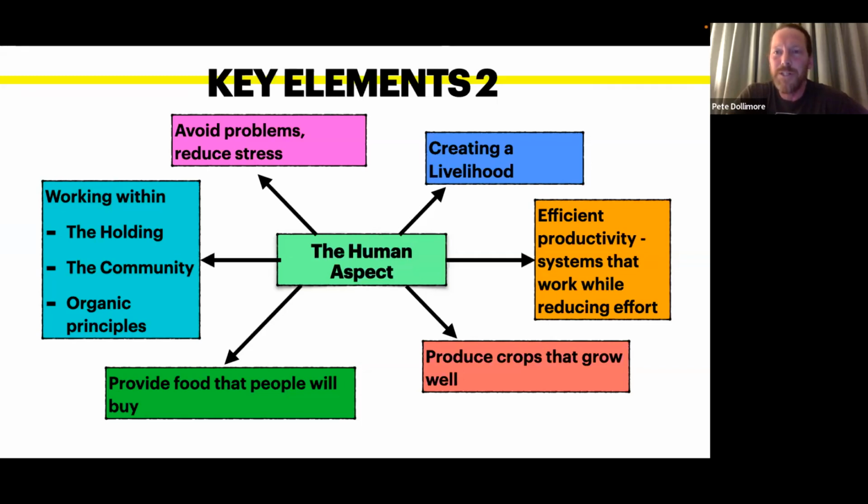It's much easier if you're supplying a local community to get variety in, especially in your protected cropping areas. And we're working within organic principles, which should be in line with what we're trying to achieve, both as growers and as custodians and stewards of the land.